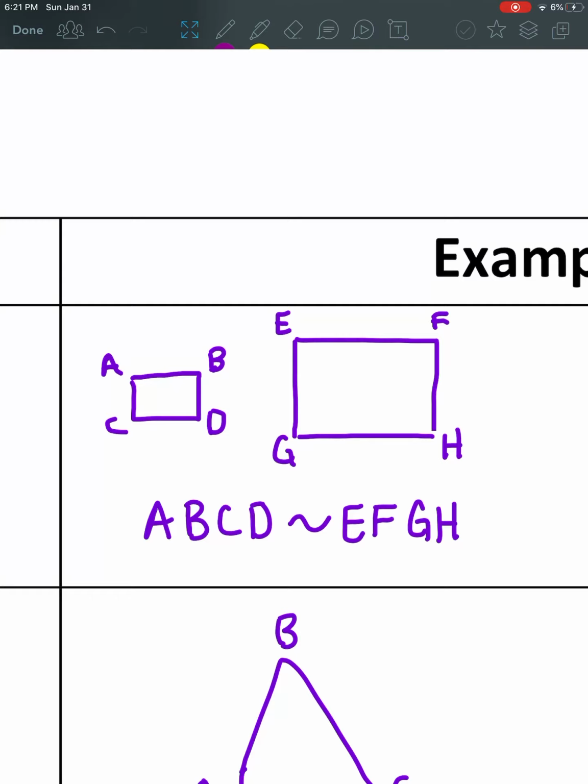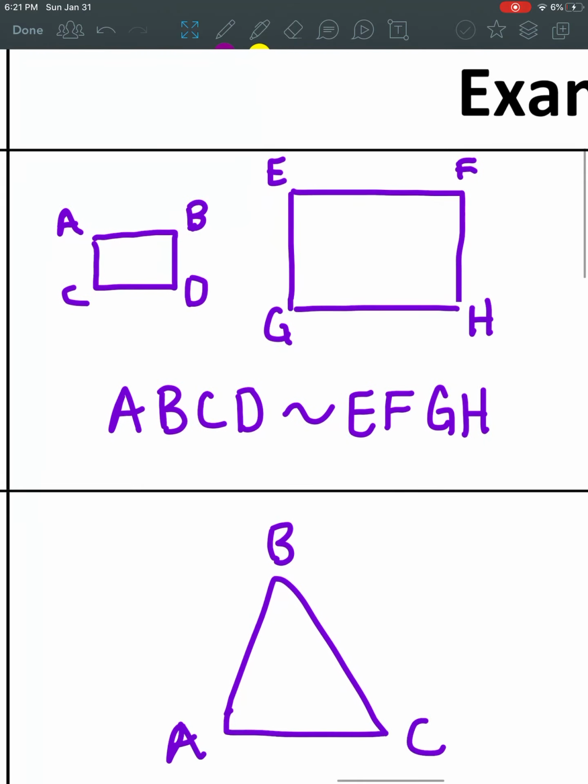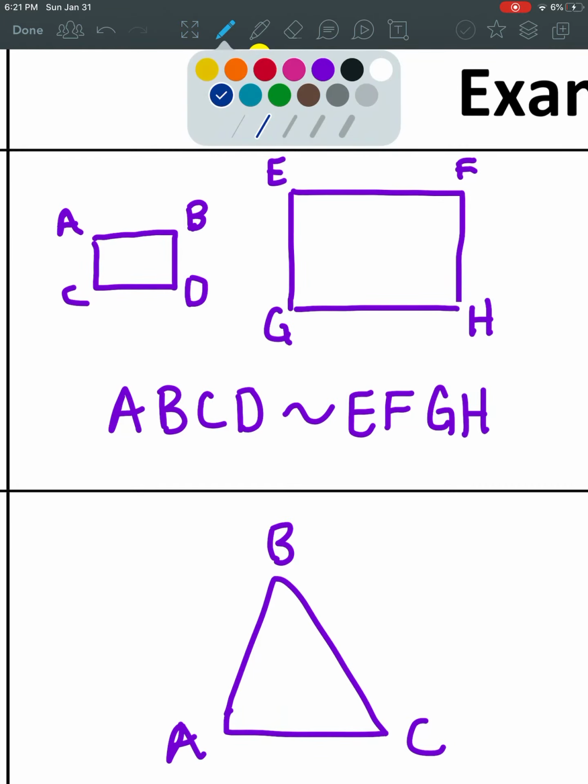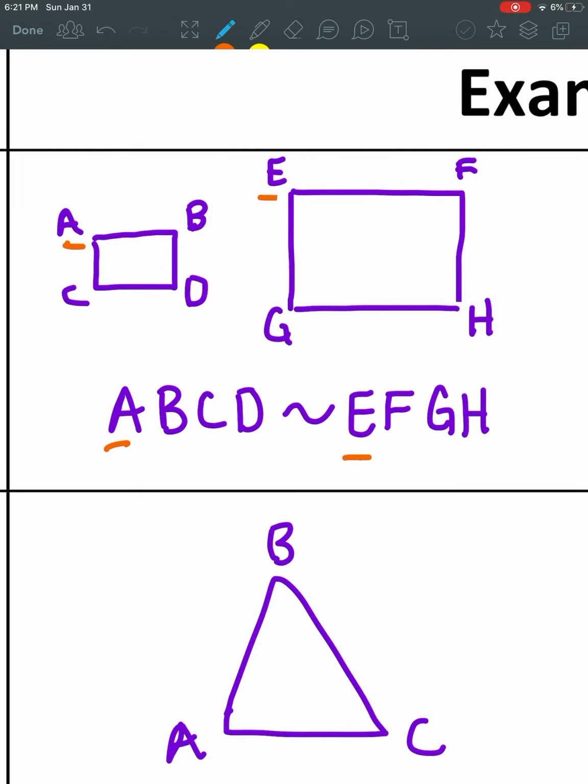The example here, so if I give you two shapes and we have them labeled, and we know that they are proportional in the end, we would write a similarity statement like this down here at the bottom. Now, make sure when we write these similarity statements, and we're going to practice this, the letters have to match up. So see that A and E are in the same spot. A and E come first when we write it in the similarity statement.